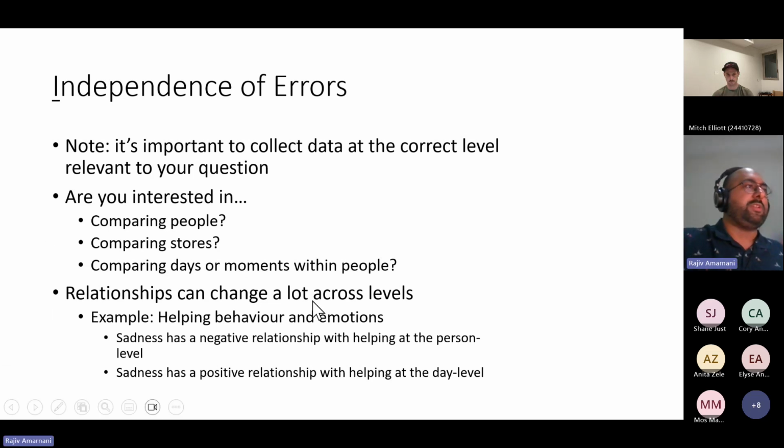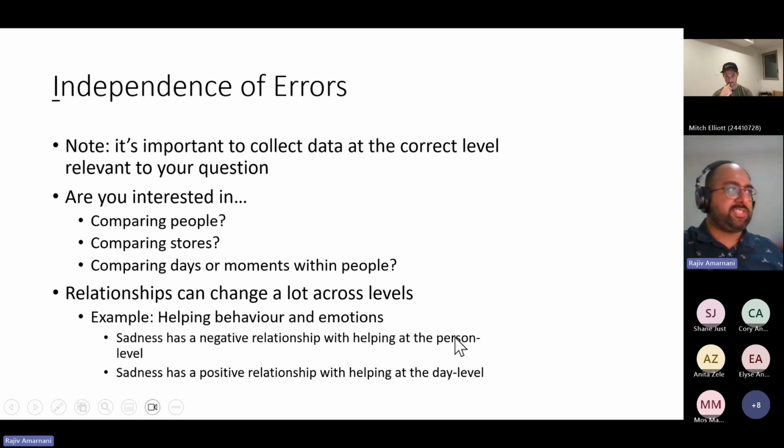This is important because relationships can change across levels. One classic example is the link between helping and emotion. So when you feel bad, are you more likely to help others? What we find is you're both more likely and less likely. If you are a sad person in general, you are less likely to help other people.